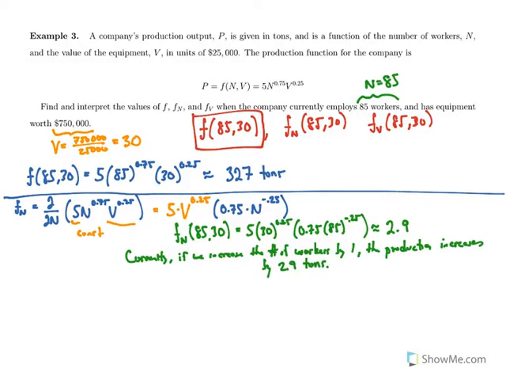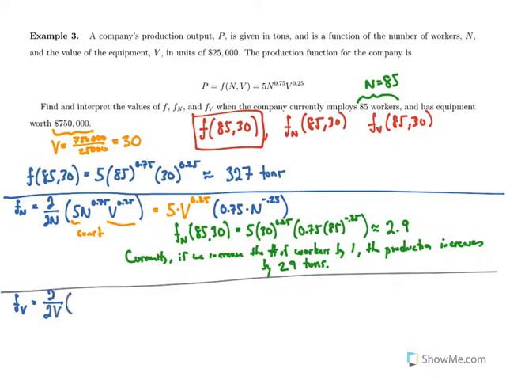Let's do the same thing now for the derivative with respect to v. That's the partial with respect to v of 5n to the 0.75, v to the 0.25. But now everything except for the v is a constant. We take the derivative, the constant's going to come out in front.